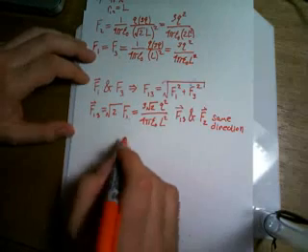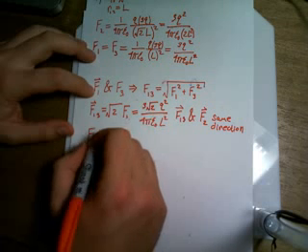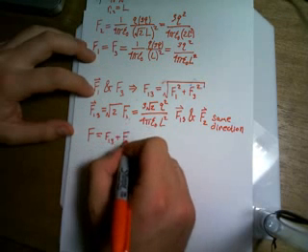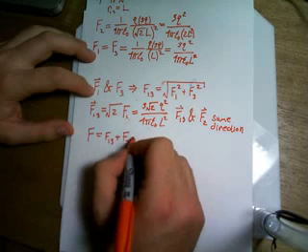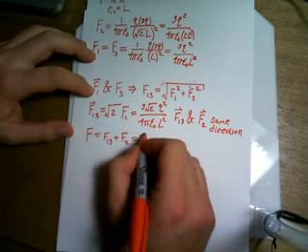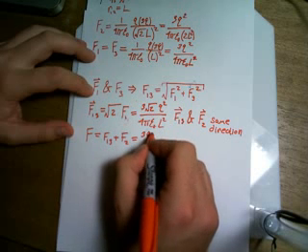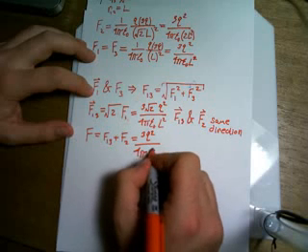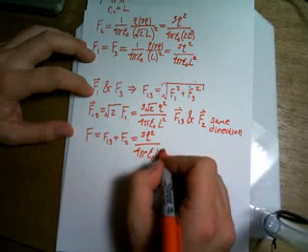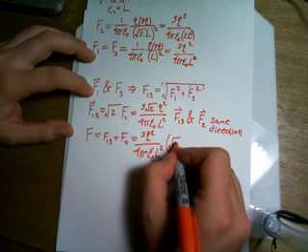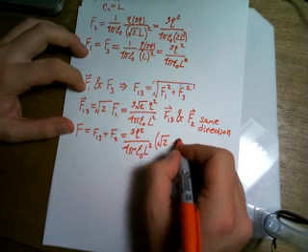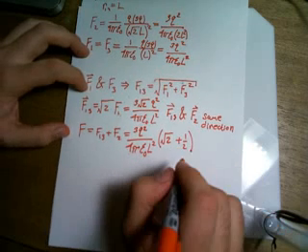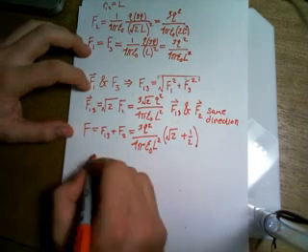Okay, and now we just need to find our total force, which equals force 13 plus force 2. That gives us 3Q squared over 4 pi epsilon naught L squared times the square root of 2 plus 1/2, and that is directed towards the center.